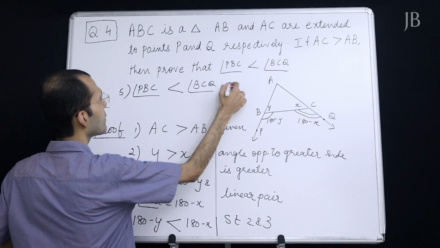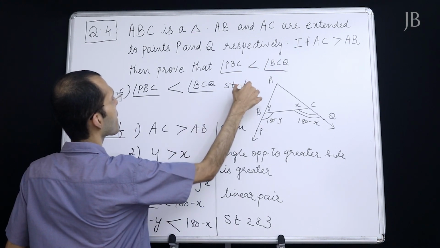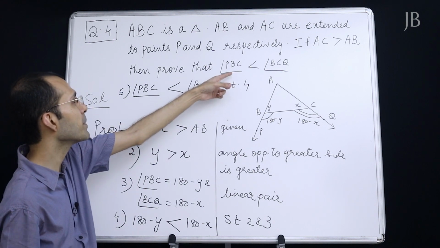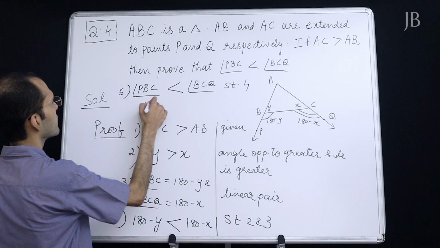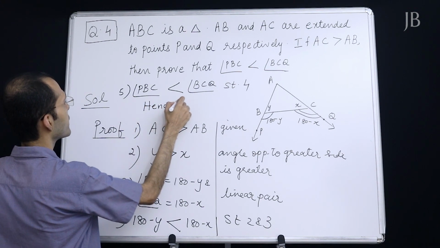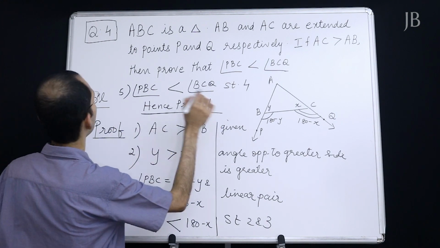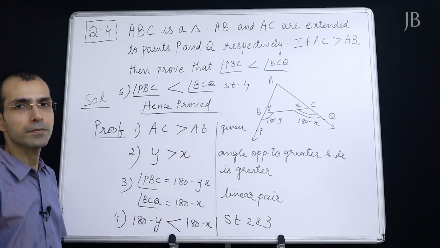Here the reason will be statement 4. And that is what we wanted to prove. We wanted to prove angle PBC lesser than angle BCQ. Hence proved. This completes your question 4.